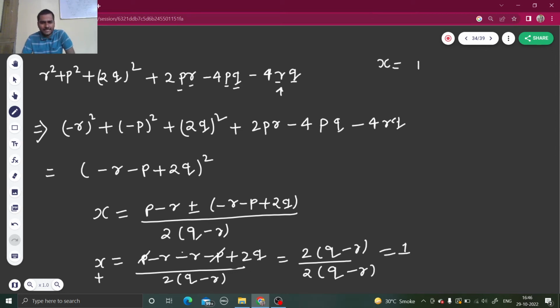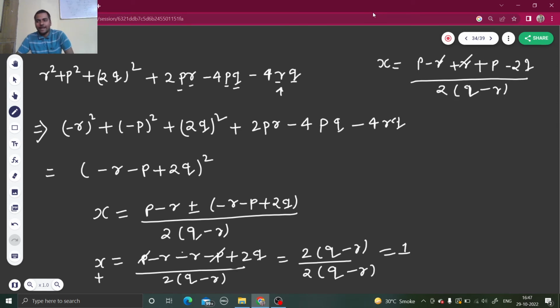The other root is again easy to find: p minus r, minus of minus r that means plus r, minus of minus p that means plus p, and minus of 2q, divided by 2 times q minus r. This time r gets cancelled and we get 2p minus 2q.